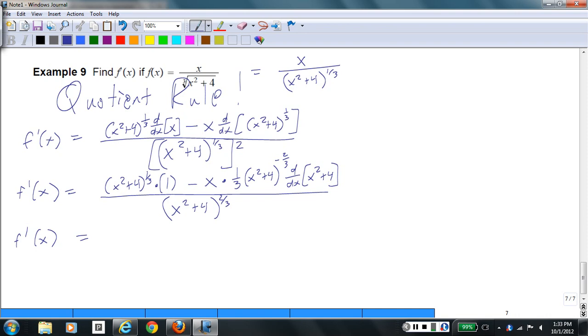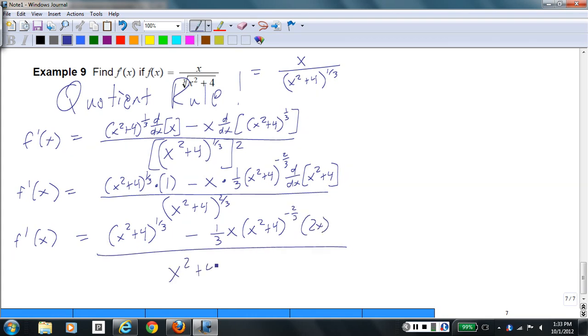It feels like it's too soon to start doing it. X squared plus 4 to the 1/3 minus 1/3 x times x squared plus 4 to the negative 2/3 times 2x over x squared plus 4 to the 2/3.